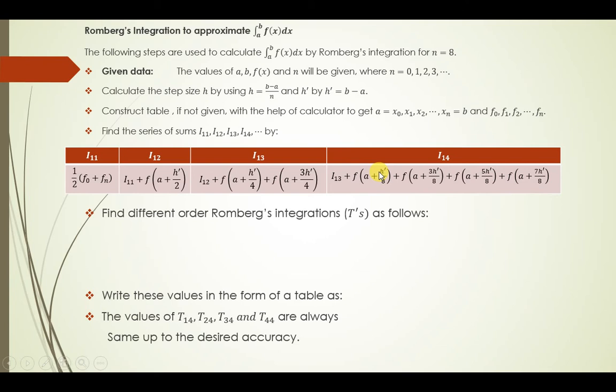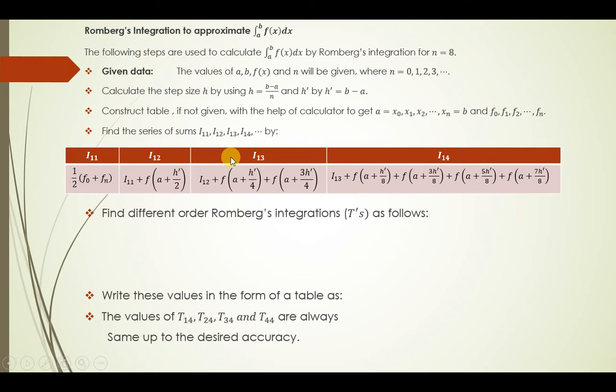Here is 1, so the other one will be 3 h prime by 8, the other one will be 5 h prime by 8, and the last one will be 7 h prime by 8. So summing all those values, you will get I14. So those are the formulas for those i's, I11, I12, I13, I14.